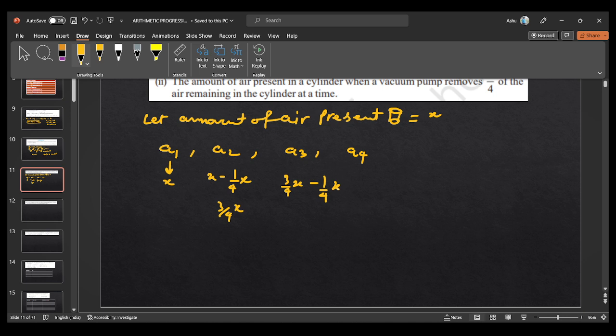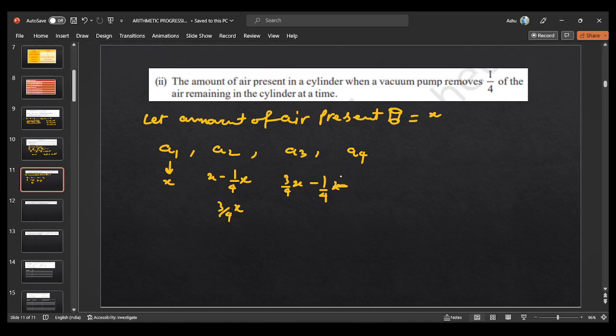Here 1 by 4th of 3 by 4 x. Clear? This is the first term, this is the second term, this is the third term.